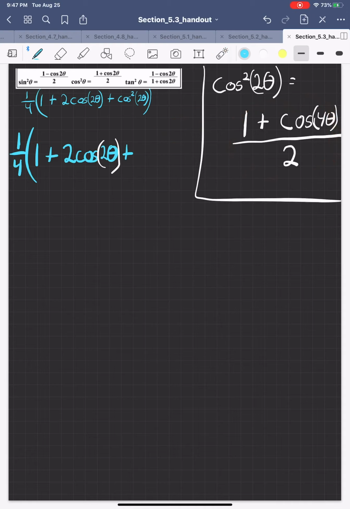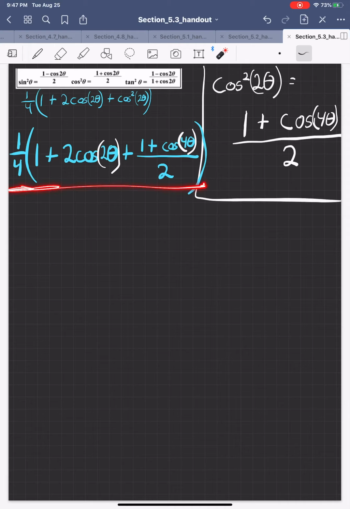So plus 1 plus cosine 4 theta over 2. All right. So in reality, at this stage, we have succeeded. Our problem does not contain powers greater than 1.